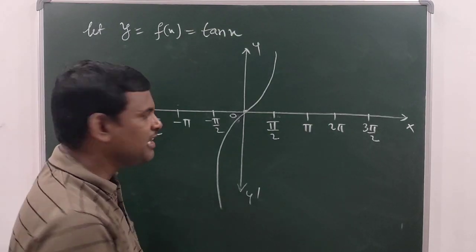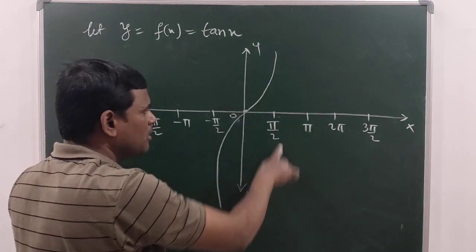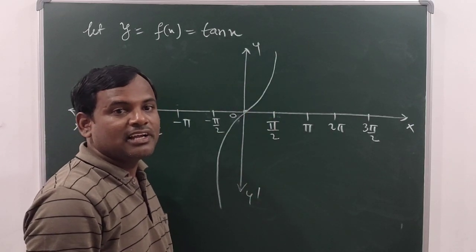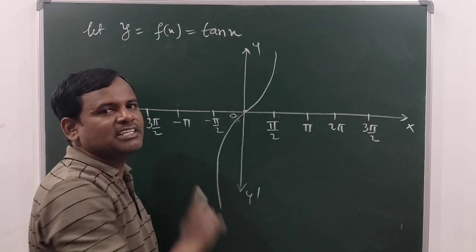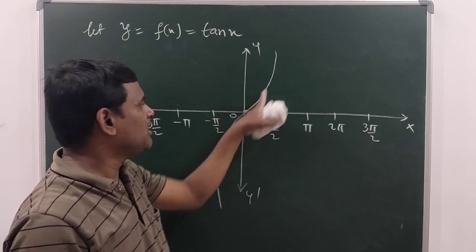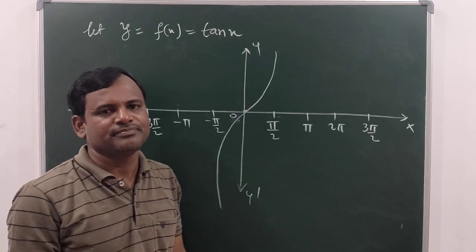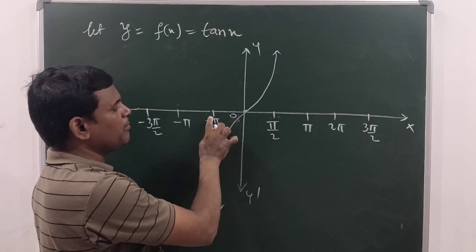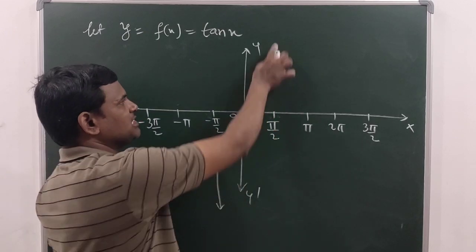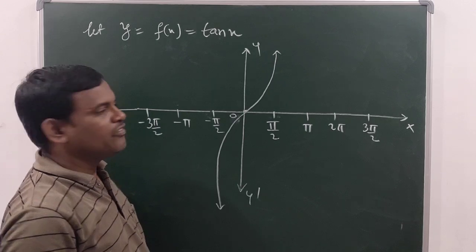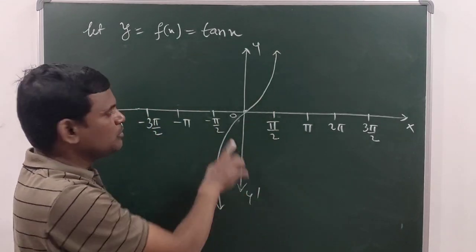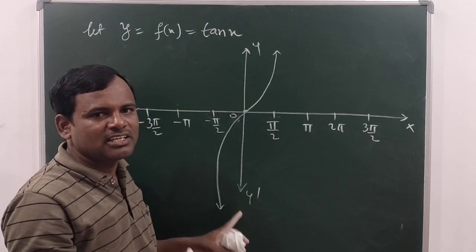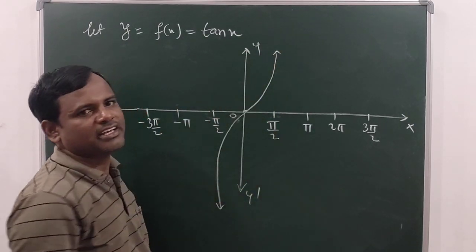But if you draw any vertical line through minus 90 and plus 90, those vertical lines should not intersect or touch the graph of tan x. So the tan x graph will go like this, strictly increasing from minus 90 to 90. The two vertical lines through minus 90 and plus 90 must not touch or intersect the graph of tan x.